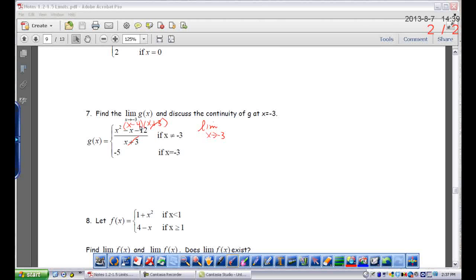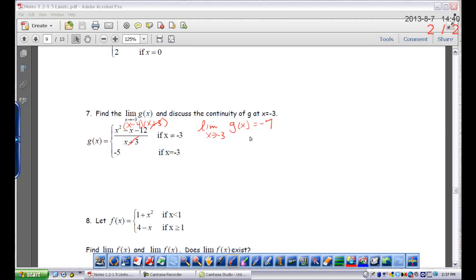But as we're getting closer and closer to x equals negative 3, the equation of the line is still x minus 4. So as I'm getting closer to x equals negative 3, my y value is going to approach 1. I'm sorry, negative 7, because negative 3 minus 4 is negative 7.